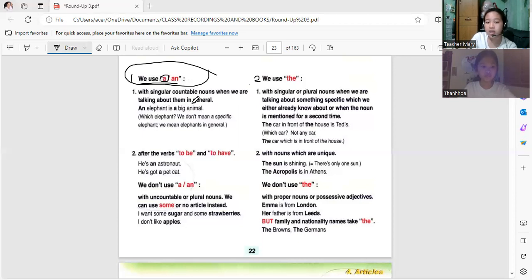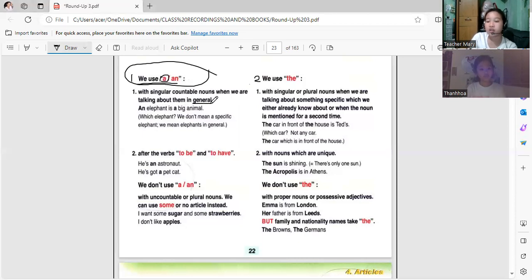When you say it's in general, like for example, a goat. A goat is an animal, right? So animal there is the general and the specific is the goat.